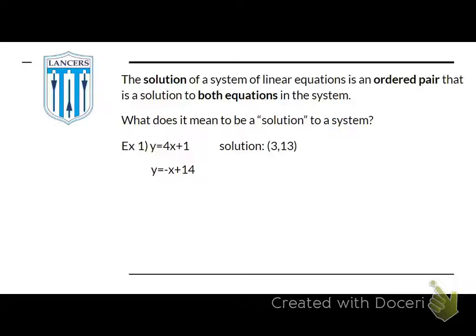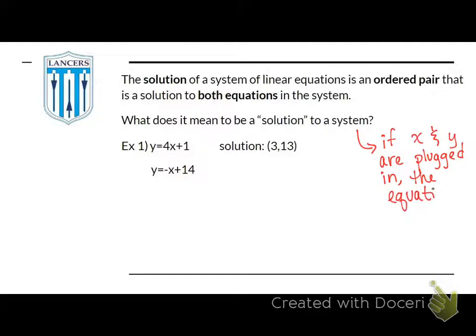So we are asked the question, what does it mean to be a solution to a system? What it means is that it works for both equations at the same time. If x and y are plugged in or substituted in, the equation makes a true statement.